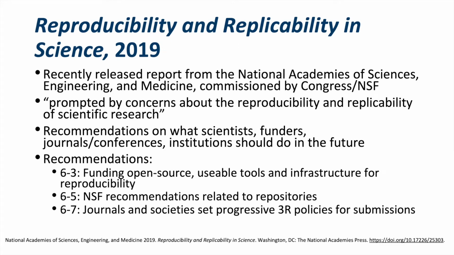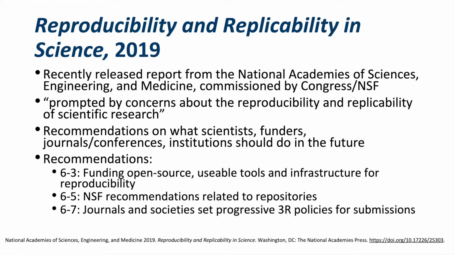In general, this problem was examined in detail in a recent report from the National Academy of Sciences, and they highlighted a lot of concerns about reproducibility and replicability in research. This document, which is linked below, has a whole bunch of recommendations. But thinking about data science and coding, there are some particular ones that I'd like to highlight.